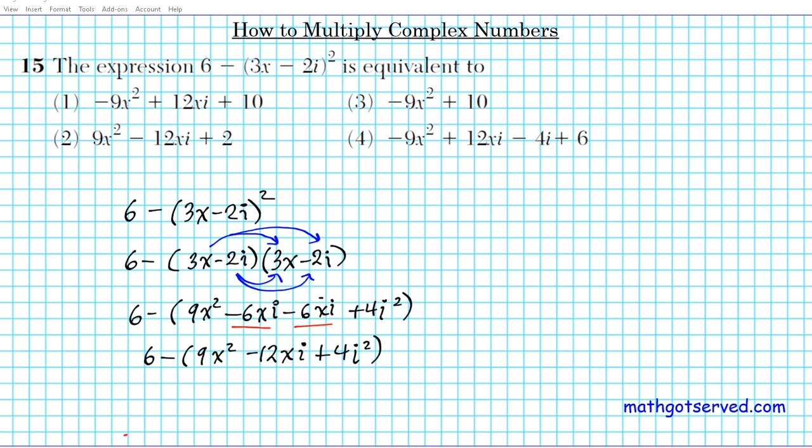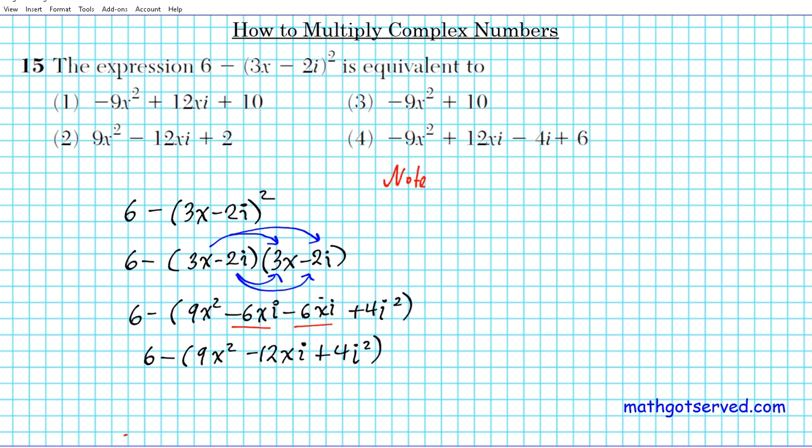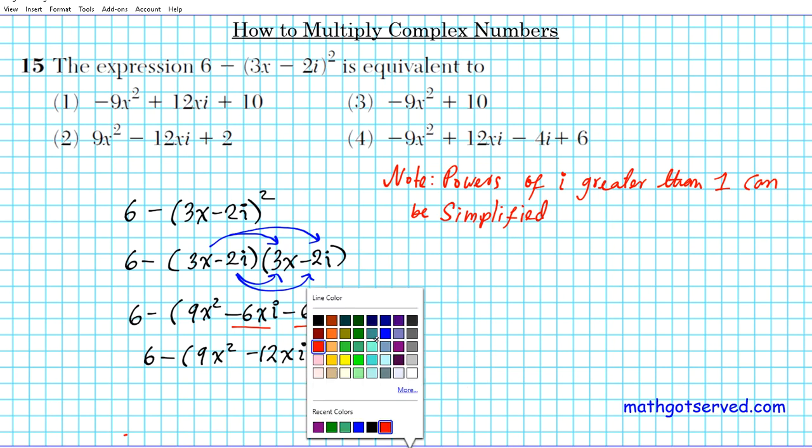And the answer is no. So something you want to note is that powers of i greater than 1 can be simplified. Okay? So if you have any polynomial term with an i component that has a power of 2 or greater, that particular term can be simplified.